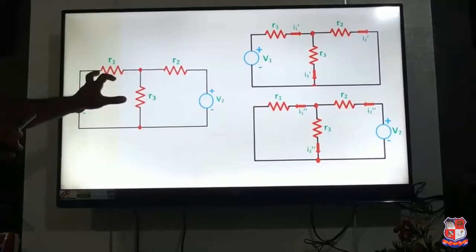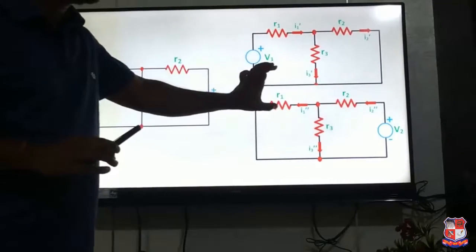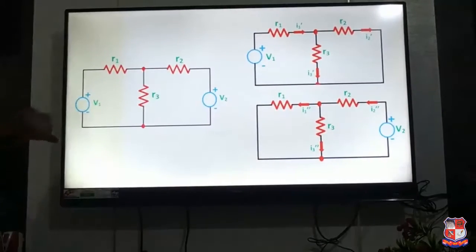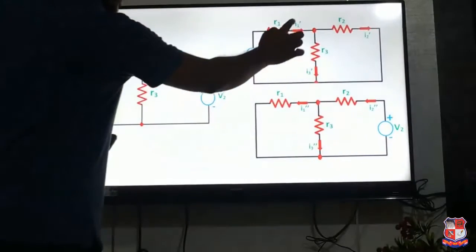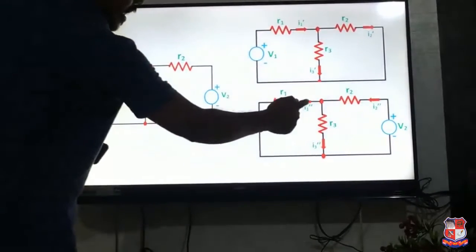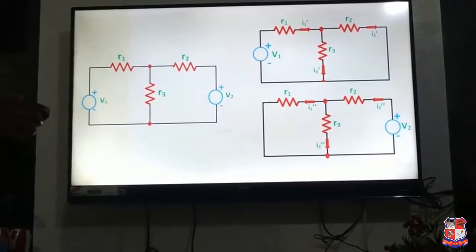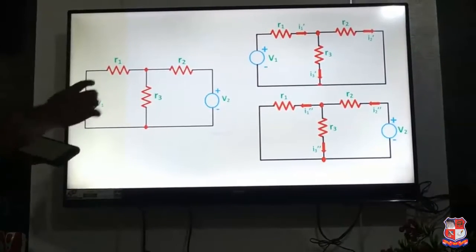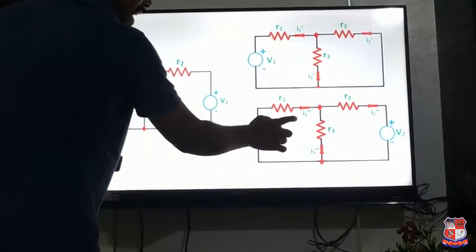So if we want to calculate the I1, I2 and I3 current, then we have to combine these two circuits' currents. Okay, so this I1 current is flowing in this direction. In this circuit, I1 dash current is also flowing in the same direction, but I1 double dash current is flowing in the opposite direction. So we can write that I1 is equal to I1 dash minus I1 double dash.